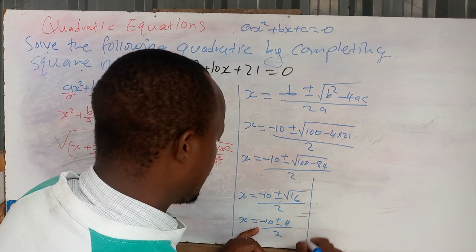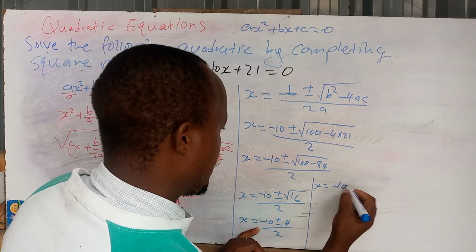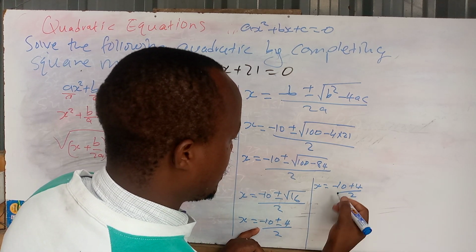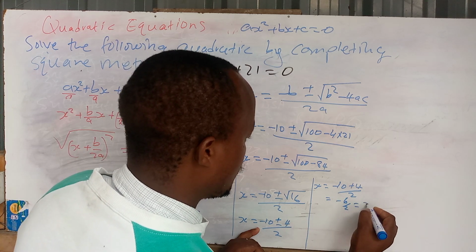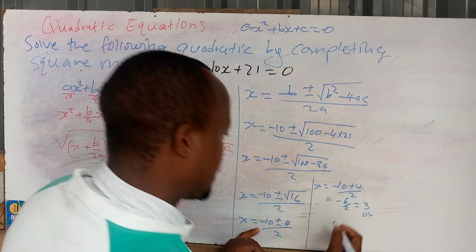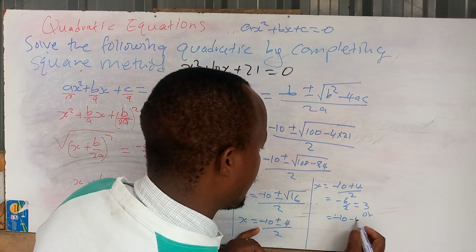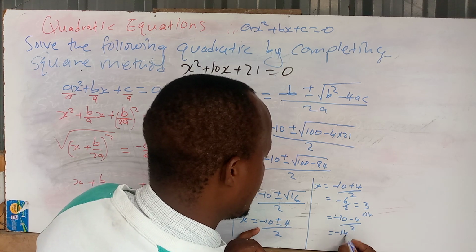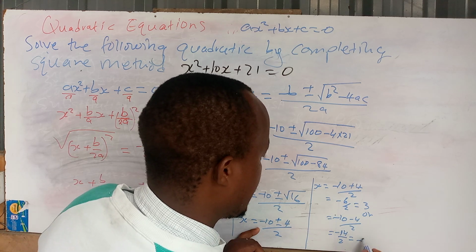Starting with the plus sign, our x will be minus 10 plus 4 over 2, which is equal to minus 6 divided by 2, which is equal to minus 3. Or you take it now as negative, which will be the same as negative 10 minus 4 over 2, and this is giving us minus 14 over 2, which is giving us minus 7.